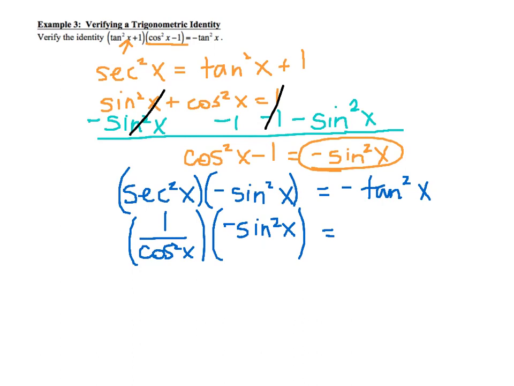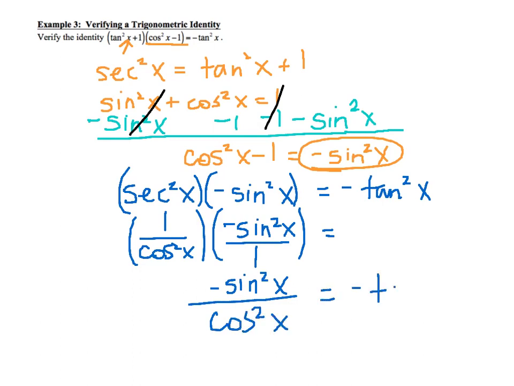So what you get on the left, if this is over 1, you can multiply these together. You can have a negative sine squared x all over a cosine squared x, which is equal to a negative tangent squared x.